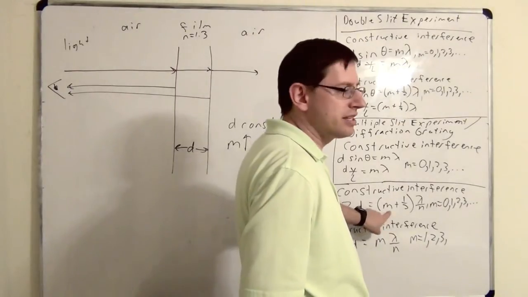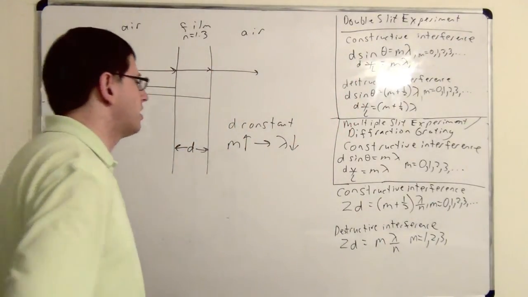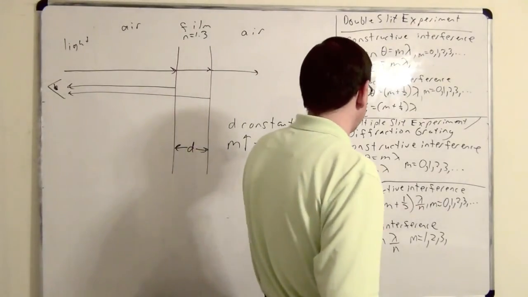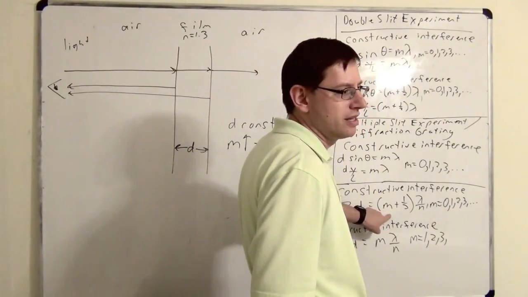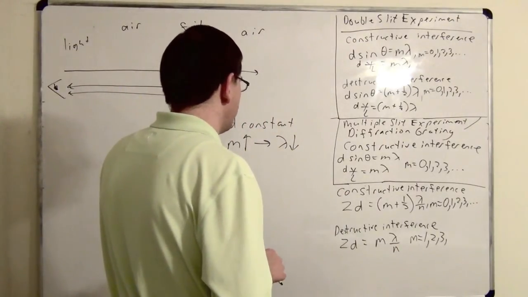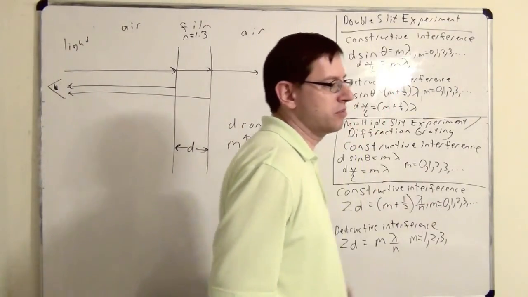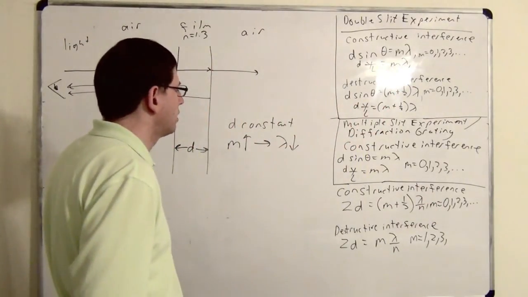What this equation tells us is that there's certain wavelengths that will experience constructive interference. So when you put in m equals 0, does that give you the biggest wavelength or the smallest wavelength? Biggest. Yeah.